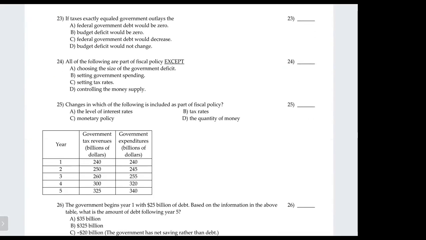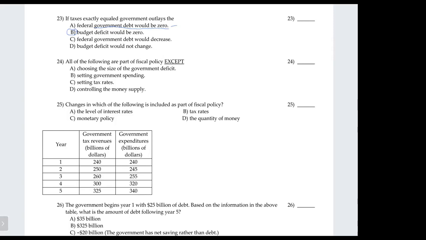23. If tax exactly equals government outlay, then the budget deficit will be 0. Some students may be tempted to say federal government debt would be 0. So why is this not correct? It is because you may have debt from a previous government.